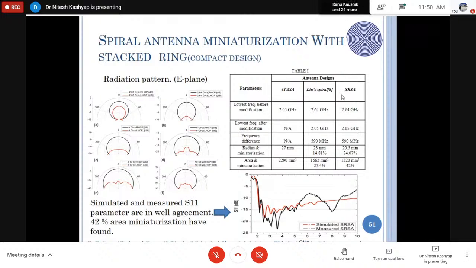with the stacked ring spiral antenna, that is SRSA, and I have compared with two works here. With the help of the stacked ring, I have made it and miniaturized the antenna by 42%.